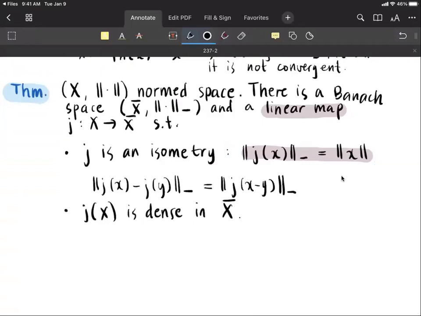So again, the difference of the images is the image of the difference. And if you apply this equation here with x replaced by the difference, you will have, and this is basically the distance between x and y. So in the case of a norm space, an isometry is a norm preserving function. And if you have a norm preserving function, then with respect to the induced metrics, it is also an isometry in the sense that it is a distance preserving function.